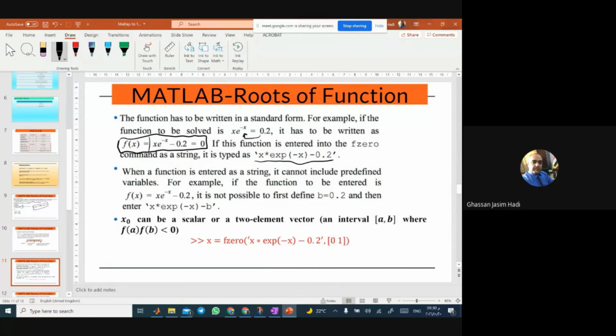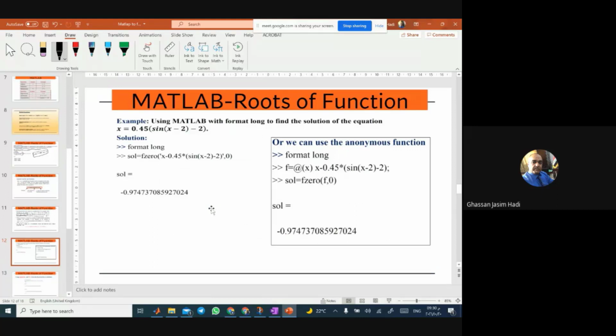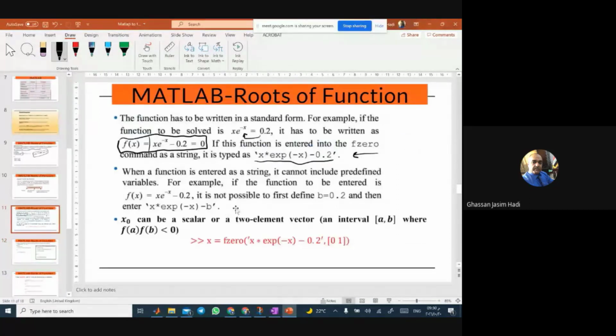We have many ways to write a function. Let's learn some of them. Let's take this example: x times e to the x, exponential, minus 0.2.